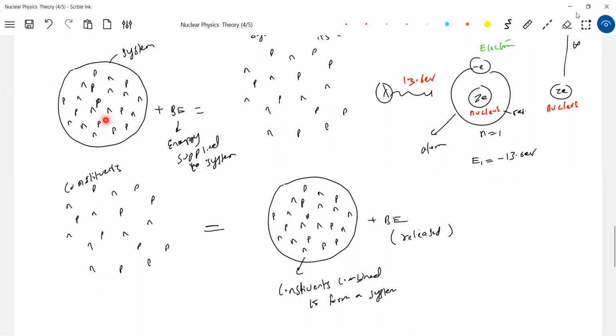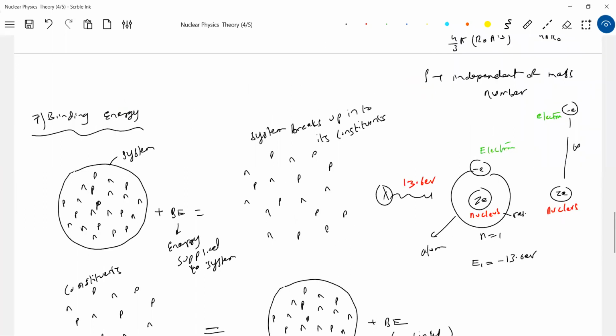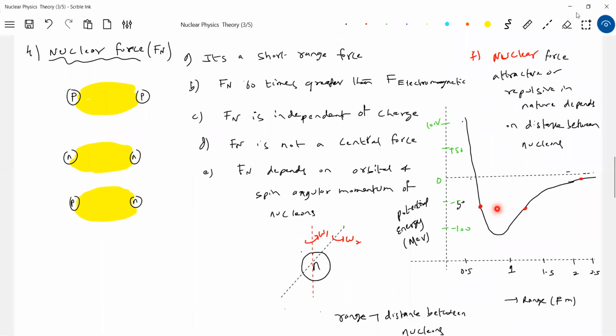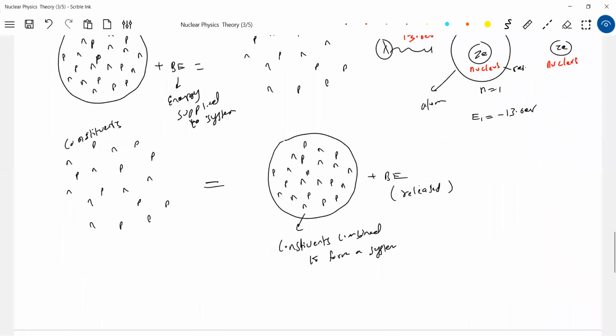Then who is balancing that repulsive force? Attractive force, nuclear force. The nuclear force acts means there should be energy, because we have developed this situation, there must be energy. So from where has this energy come? That's what we call binding energy.